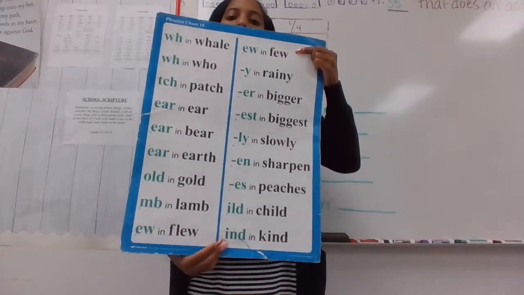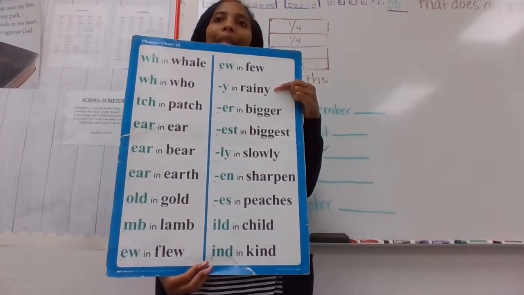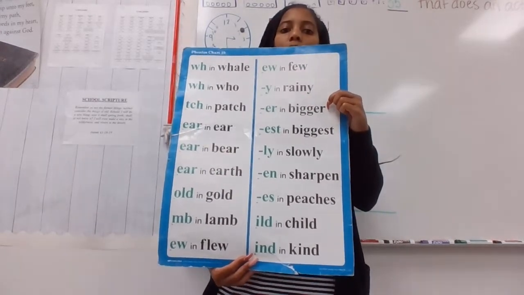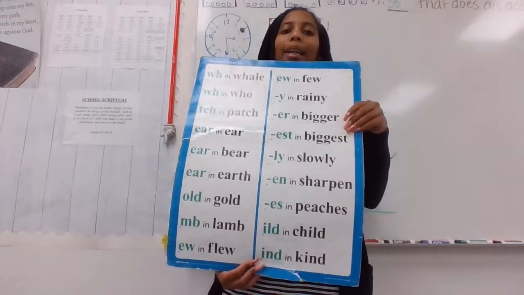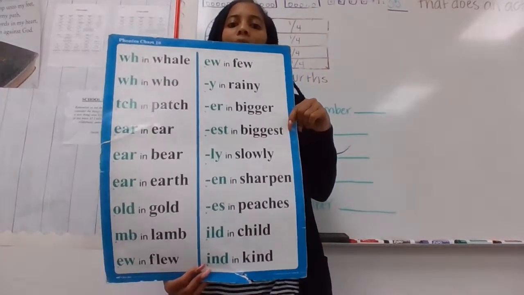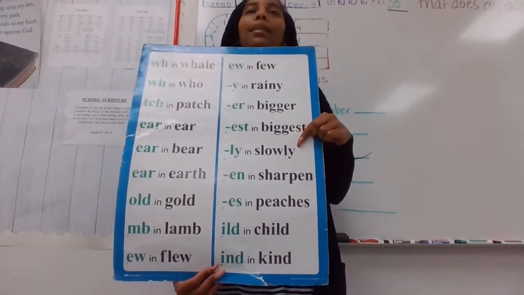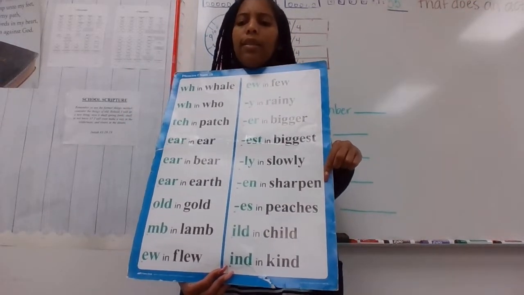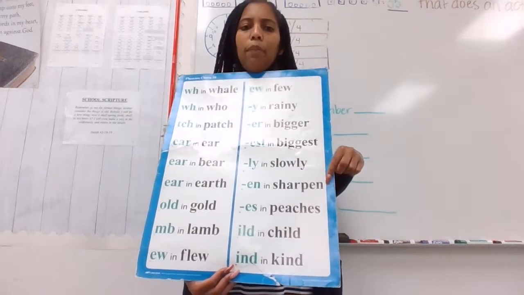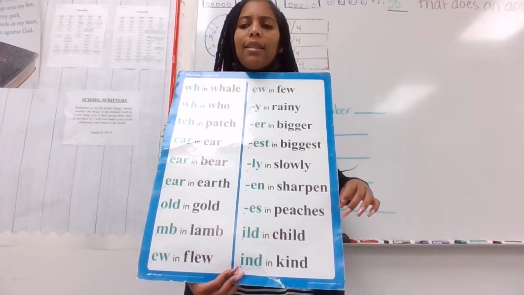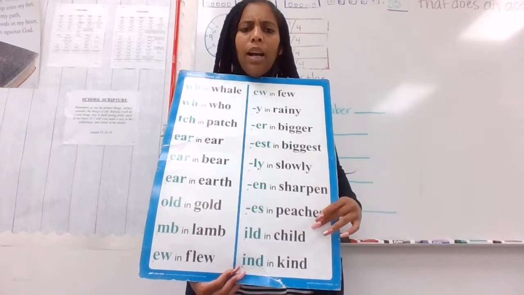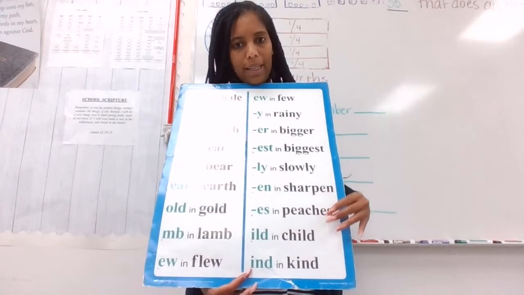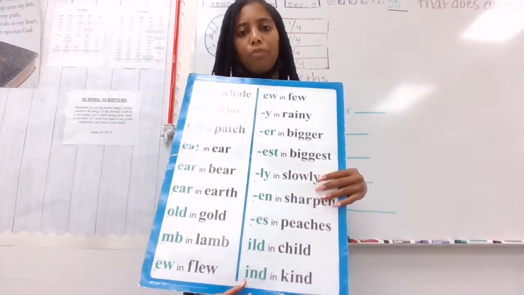EW says you, and few. Y says e, and rainy. ER says and bigger. EST says S, and biggest. LY says leap, and slowly. EN says and sharpen. ES says S, and kisses. ILD says I, and child. IND says I, in kind.